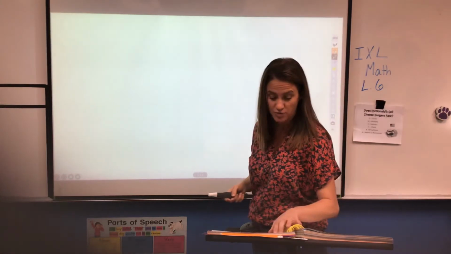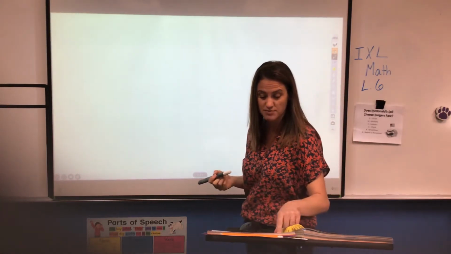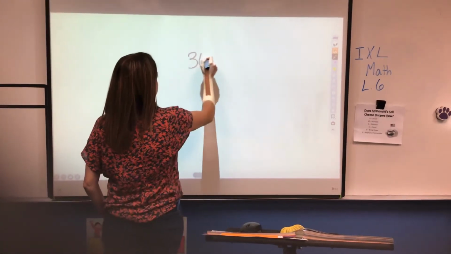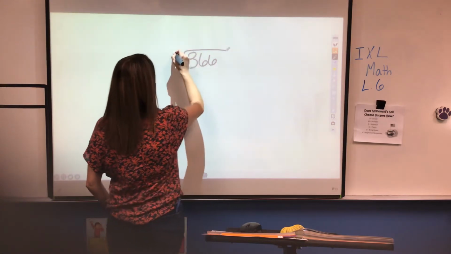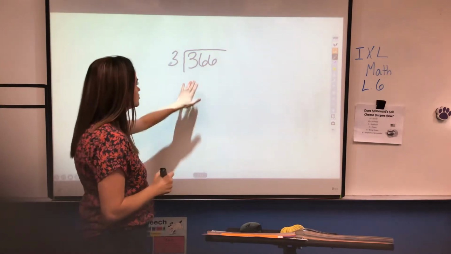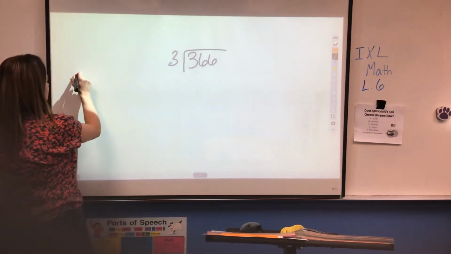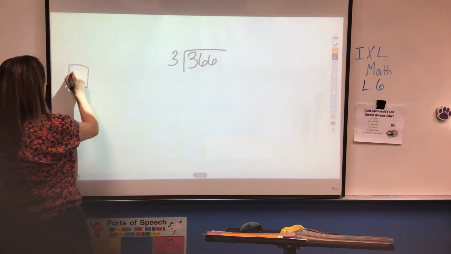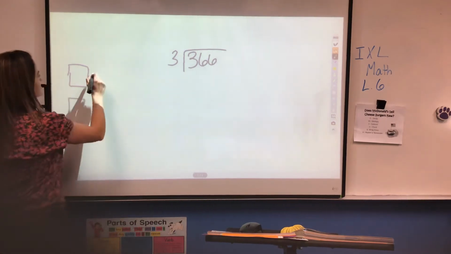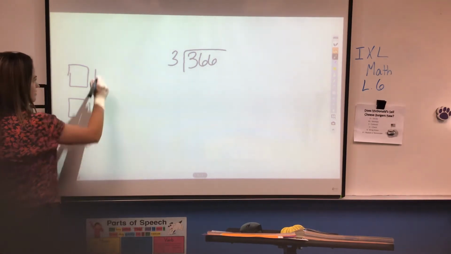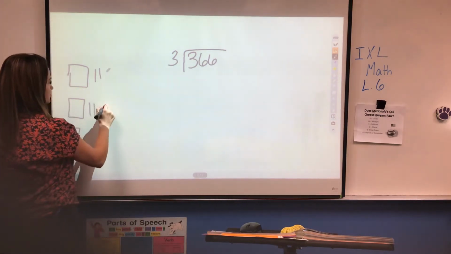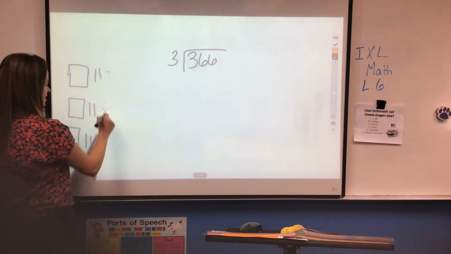I'm going to go ahead and show you an example. I'm going to use one of the problems in our book. I'm going to do number 1, 366 divided by 3. So I'm going to show this to you in a division problem as well as with base 10 blocks. If I'm going to draw 366 in base 10 blocks, I'm going to say 1, 2, 3 for my hundreds, and I have 6 tens, 1, 2, 3, 4, 5, 6, with 6 ones, 1, 2, 3, 4, 5, 6.